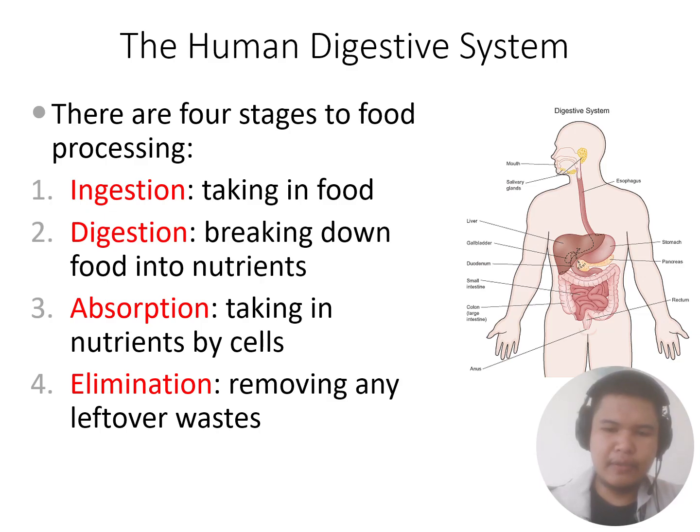The first is ingestion, where we take in the food that we eat, and then digestion, where this food is being broken down into simpler forms, and then absorption, where the nutrients are being taken in by our cells and tissues via the circulatory system, and elimination, where any waste that has been gathered from digestion is eliminated from our body.